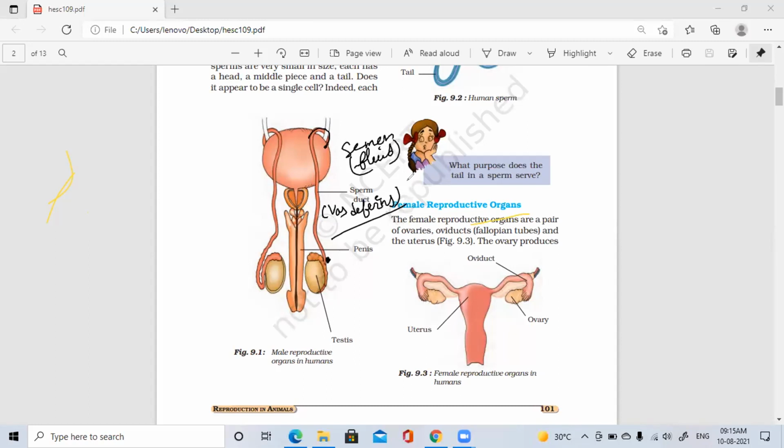Then we have urethra. Urethra is a long tube that arises from the urinary bladder to carry urine. Right? So this black color structure is the urethra. That is the urinary bladder.